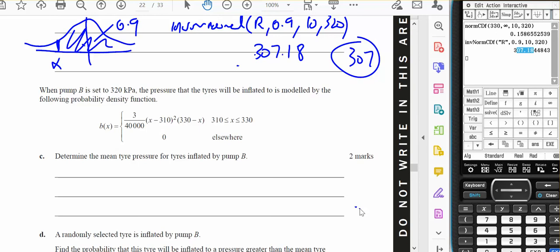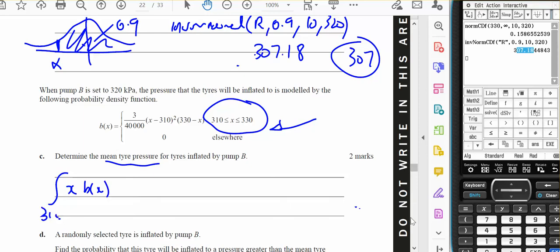When pump B is set to 320, its distribution is this, between 310 and 330. Determine the mean. So my mean is going to be the integral of x times b of x from 310 through to 330.